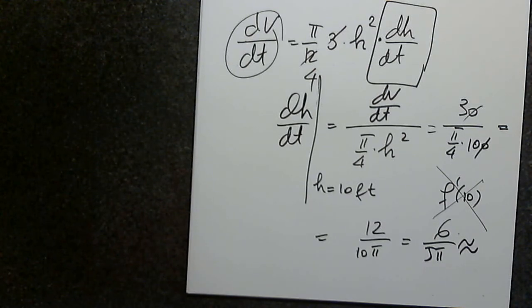Be careful how you plug it in, because you have an option: 6 divided by 5 and further divided by pi. If you do not do this, then you have to have 6 divided by parentheses, be careful, 5 pi.